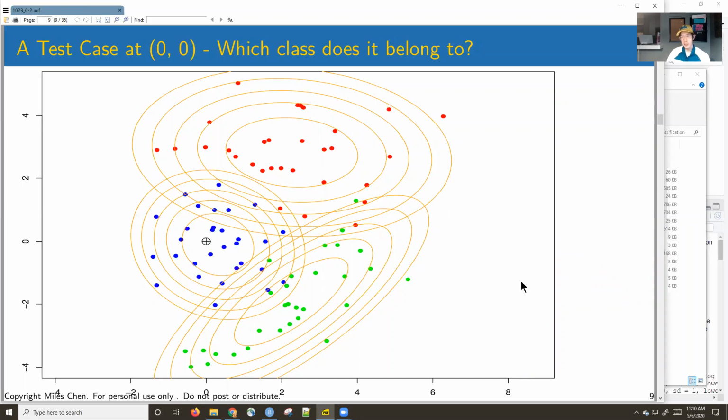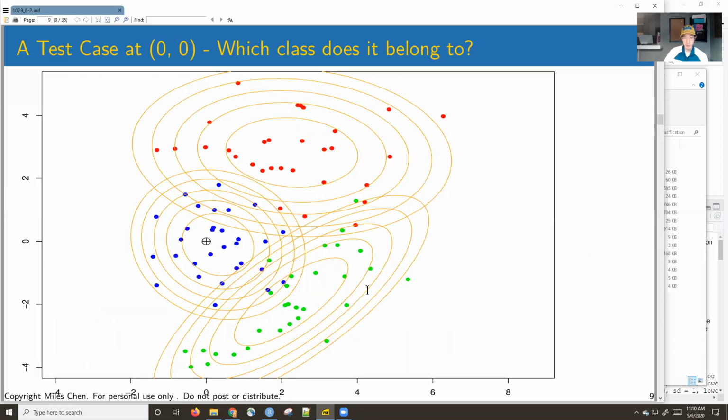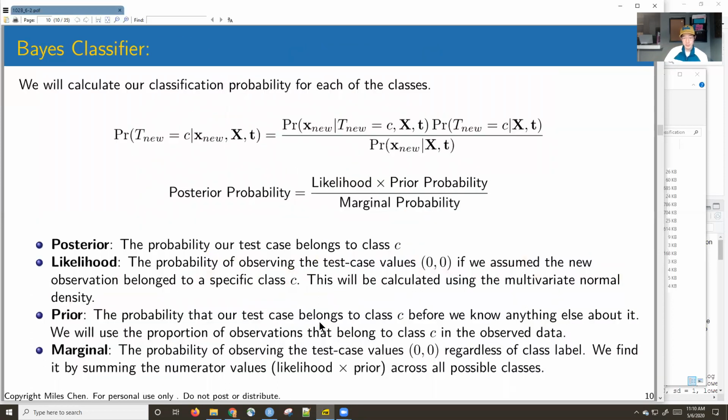Okay, so how are we going to find the class probabilities? Well, we are going to use our Bayes classifier. The Bayes classifier, again, is the posterior probability, which is equal to the likelihood times the prior divided by the marginal. We're going to find this by first calculating the likelihood. The likelihood in this case is the probability of getting x new given a particular class C. We have three classes: red, blue, and green.